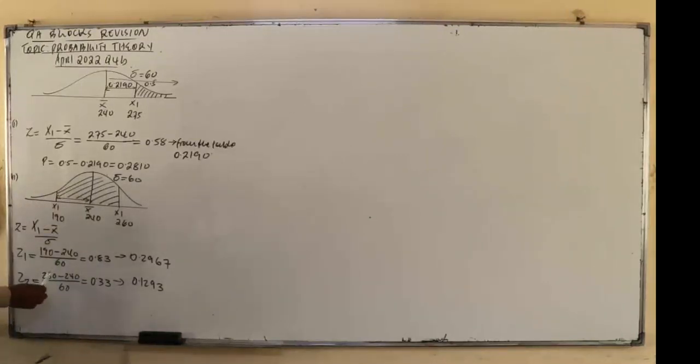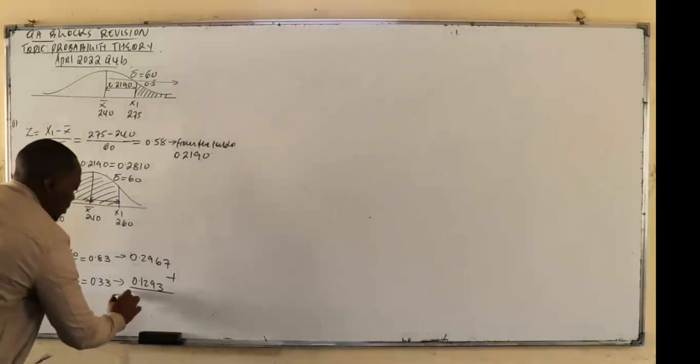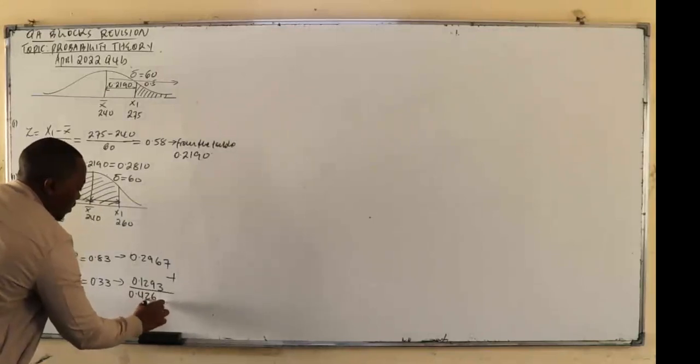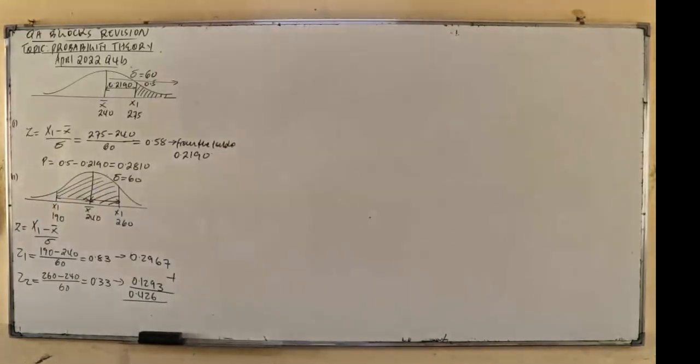This one is between 260 and 240. So you just add the two. You get 0.3926. Yeah, so that's the probability. We are done. Open September 2021, question 5B.